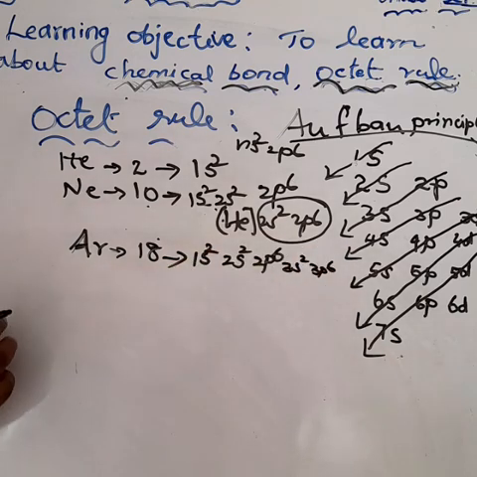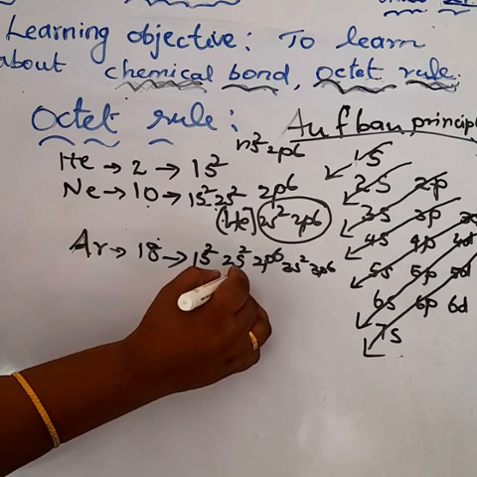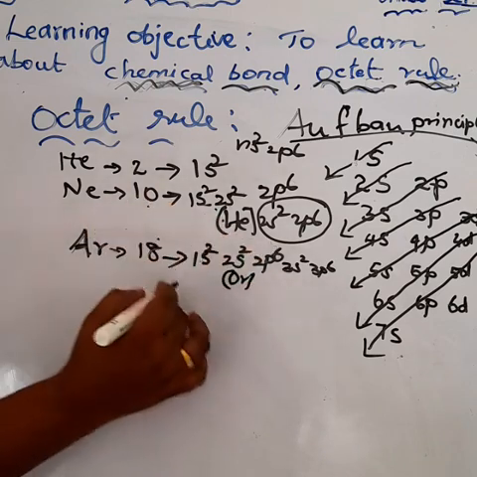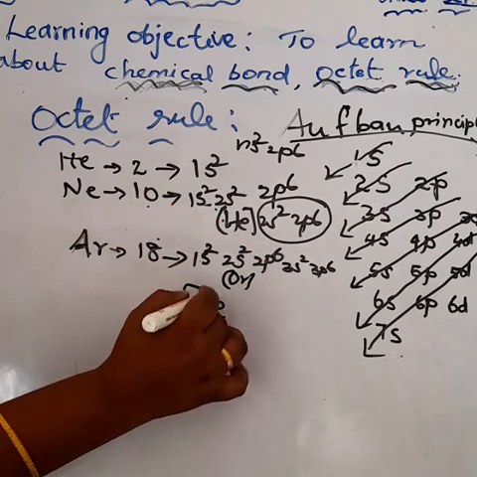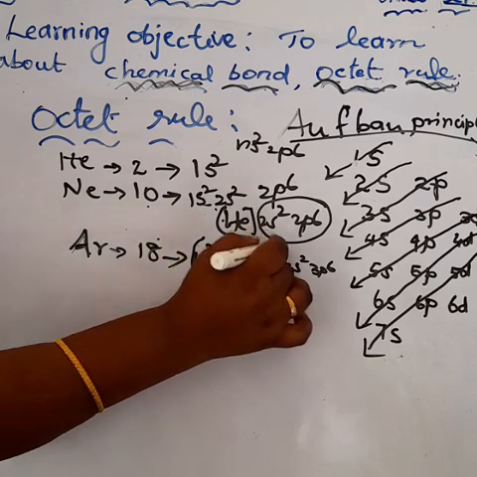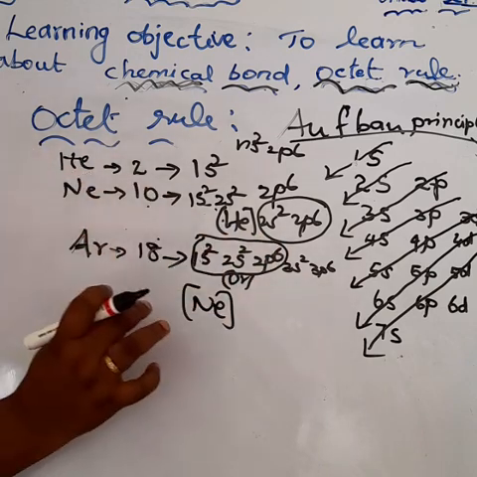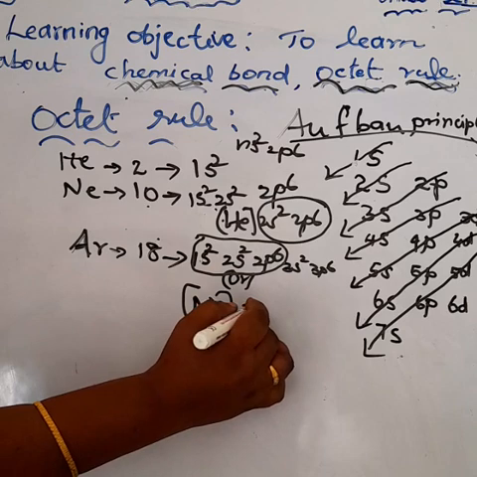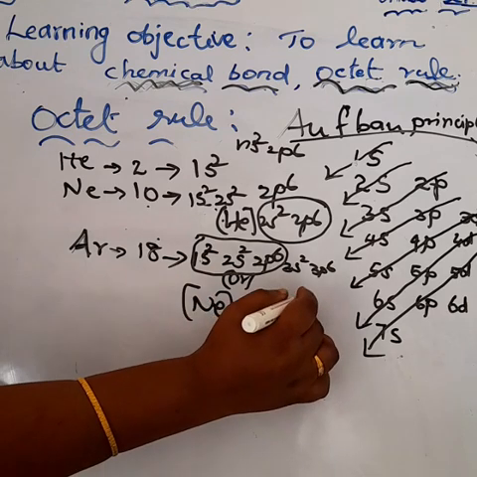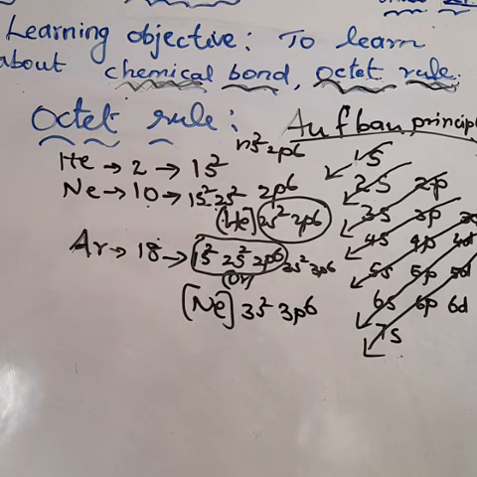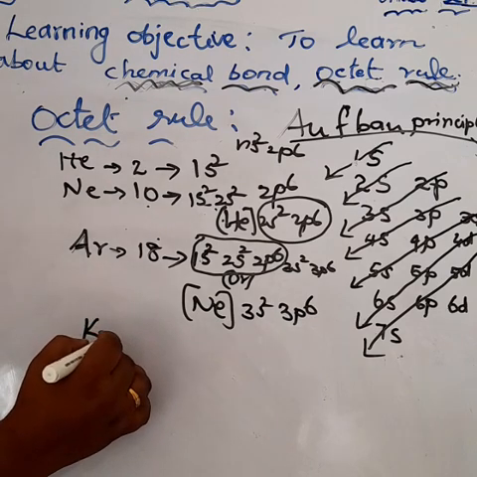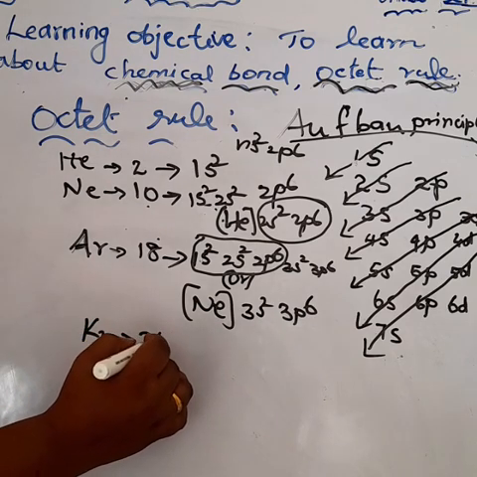For 10 electrons we can take neon, the nearest noble gas. So neon 3s2, 3p6. Okay, understood?